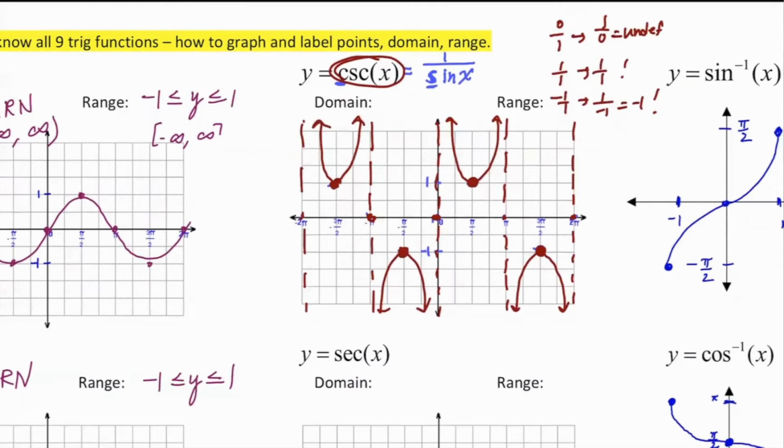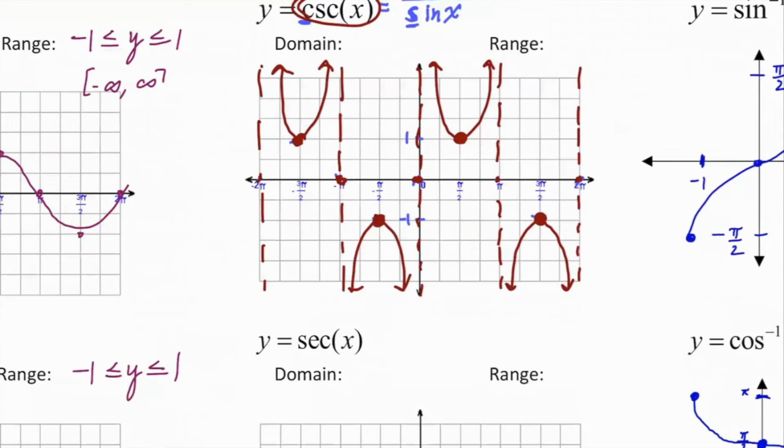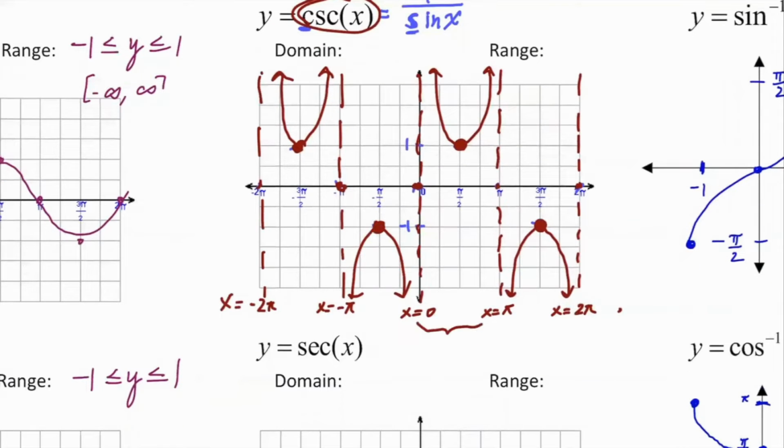So now let's talk about domain. Now this has asymptotes, right? And guess what? It's going to be similar to how we stated the domain for tangent. You're just going to have to skip every asymptote. So how often do your asymptotes occur? They occur every pi radians.